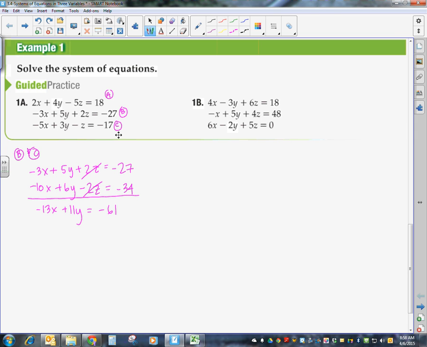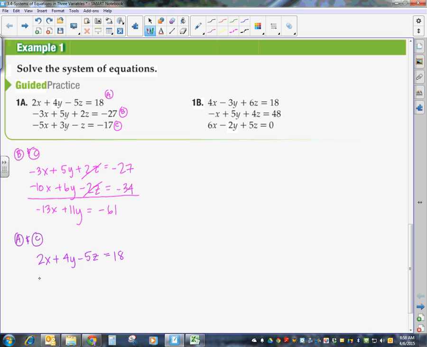So now I need to combine another pair. This time I'm going to combine A and C. A is 2x plus 4y minus 5z equals 18. And to combine C with that and make the z's fall out, this time I'm going to have to multiply it by negative 5.